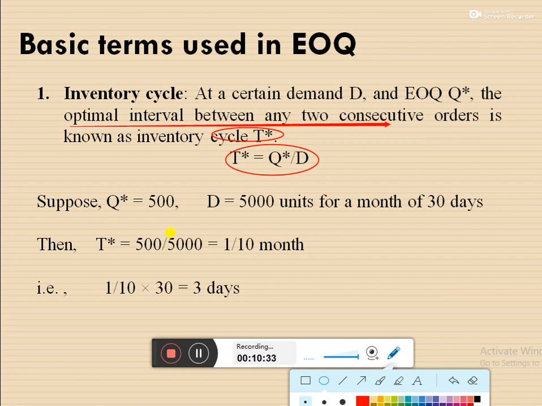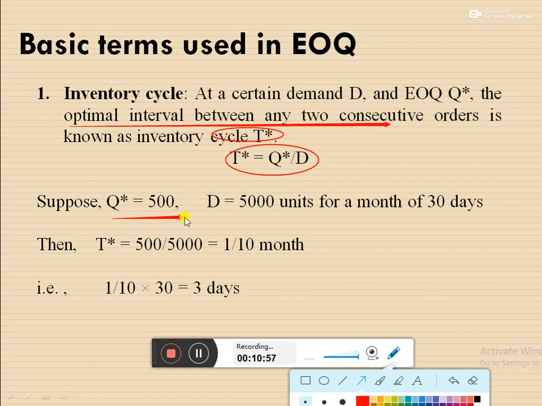So at a certain level of demand with economic order quantity given, or that is EOQ is given, in that case the inventory cycle can be calculated by applying this formula. Suppose Q star, or economic order quantity, is equal to 500 units.